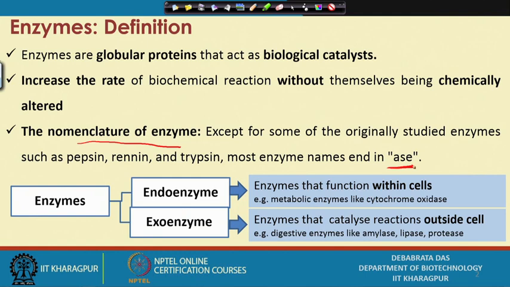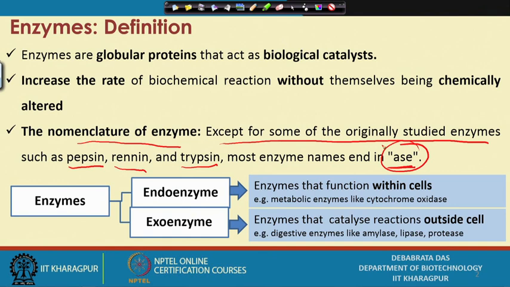But there are some exceptional cases where the enzyme name is different: pepsin, as you know, is in our stomach; rennin is largely used in the cheese making industry; and trypsin is present in our intestine. Usually the name of an enzyme ends in 'ase'.